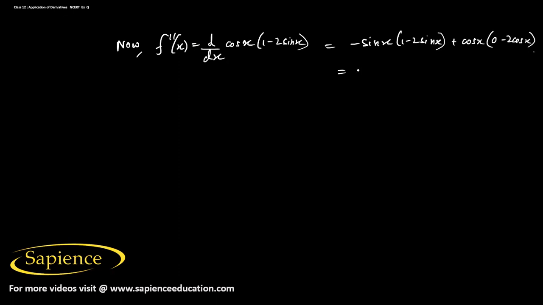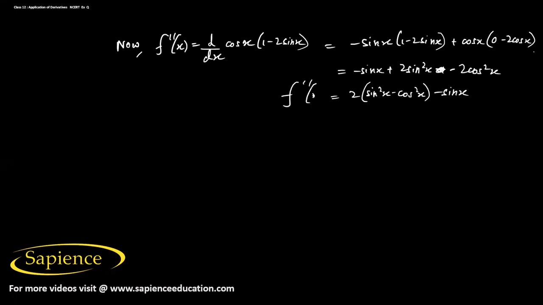So that will be equal to minus sin x, then plus 2 sin square x, then minus 2 cos square x. So this will be 2 into (sin square x minus cos square x) minus sin x. So this is f double dash x.